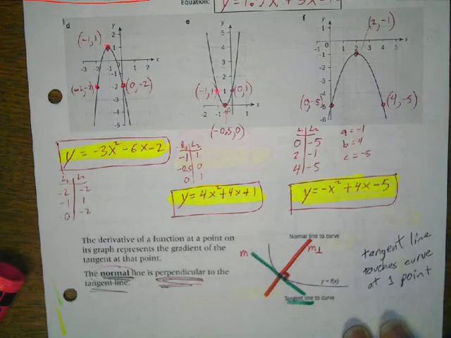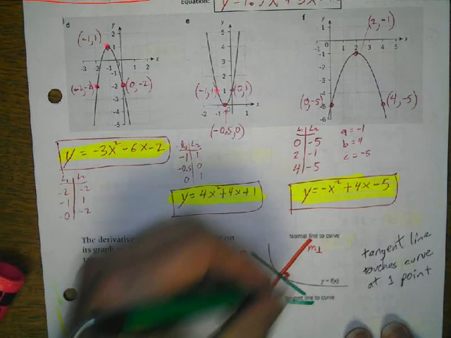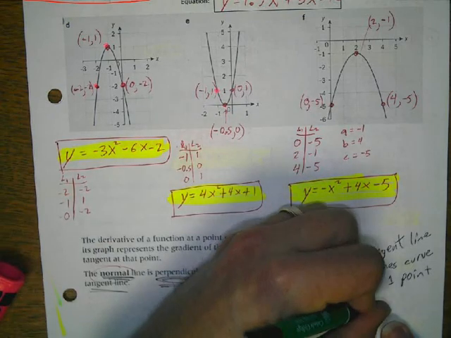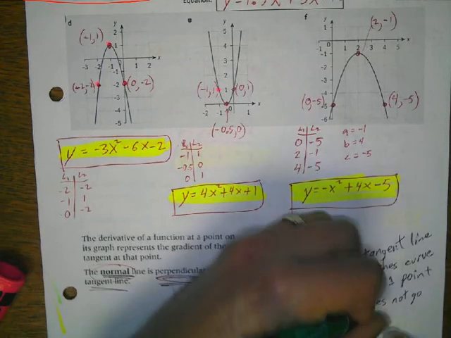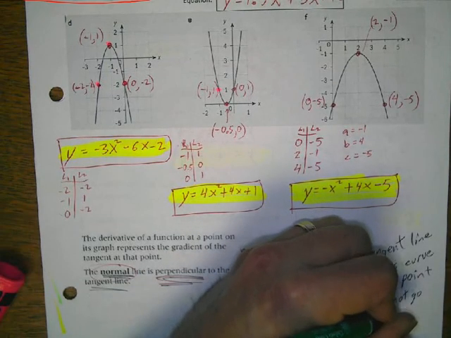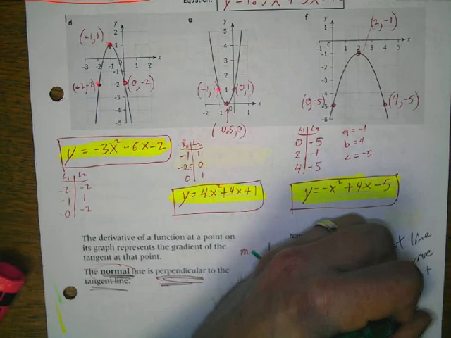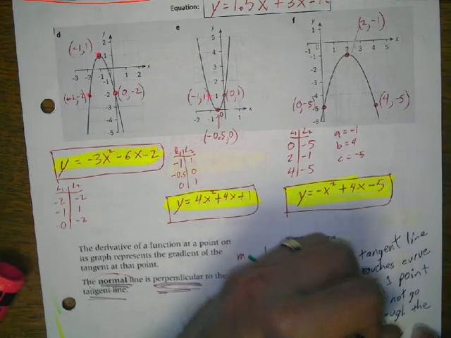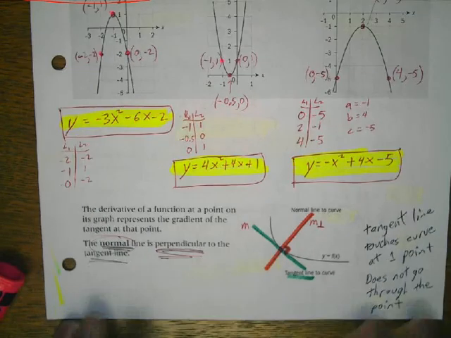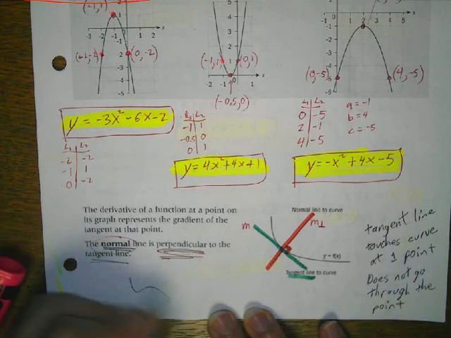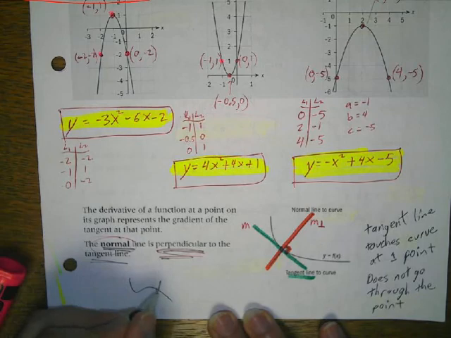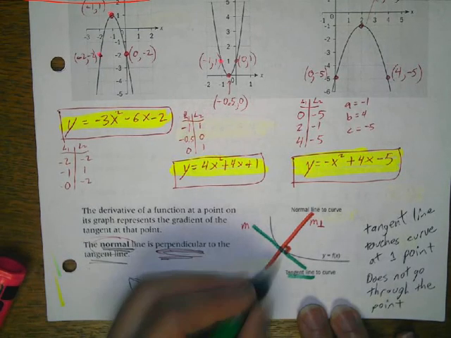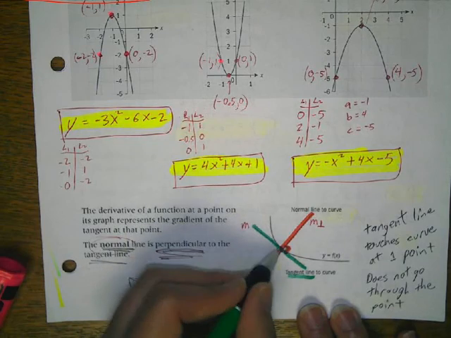And it also does not go through the curve. If you have a curve and the line goes through it, that's not a tangent. So it touches it at one point and it doesn't cut into the curve.